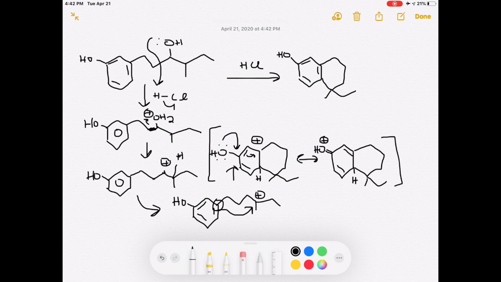Now we might seem like we're farther away from our desired product, but we can easily get from the second resonance structure that I drew to the final product by considering that earlier we had produced a chlorine anion. This chlorine anion can come back into play at this point in the reaction.